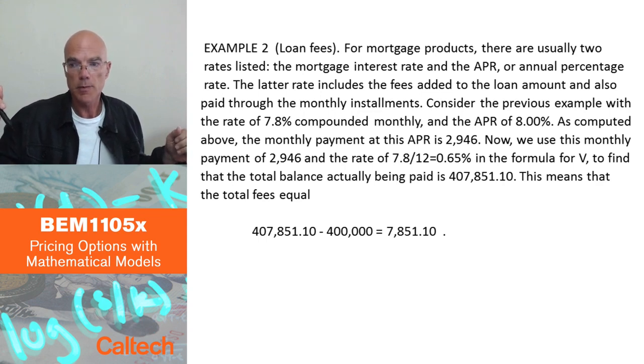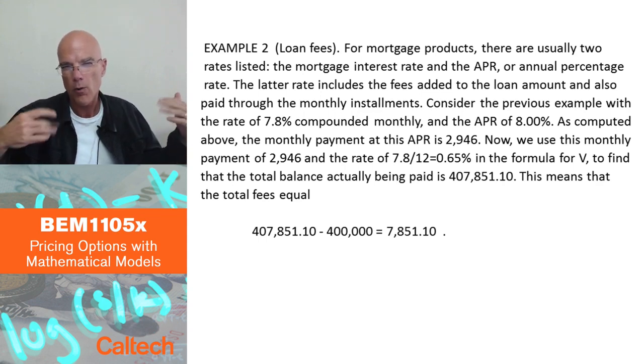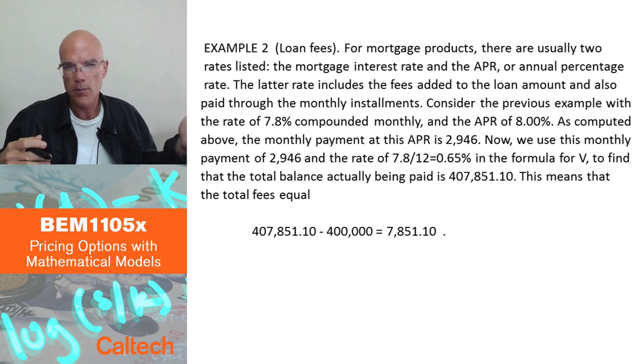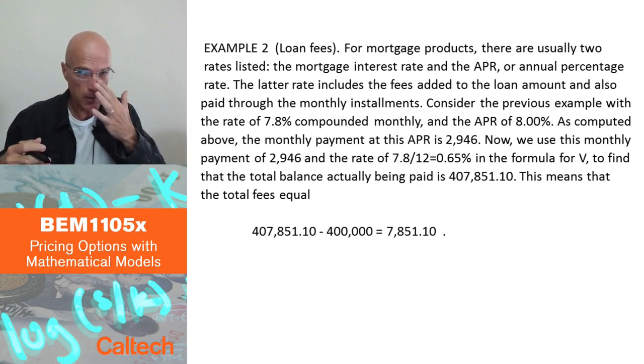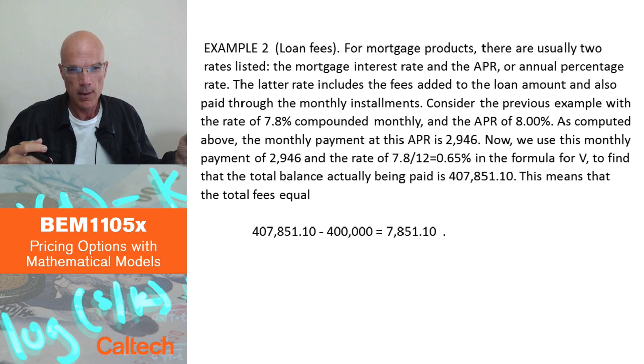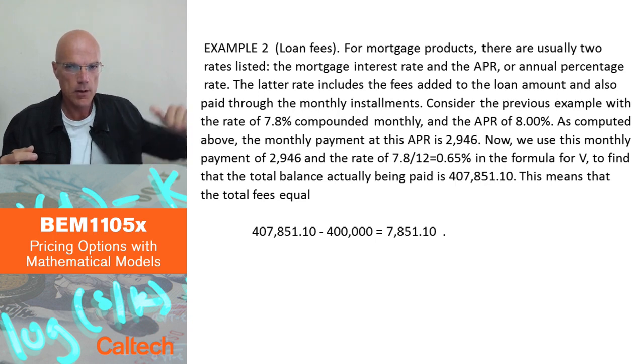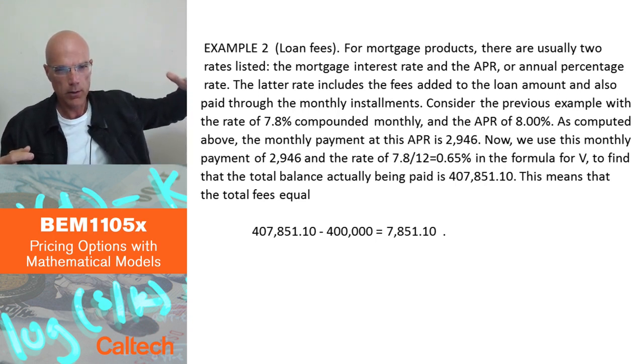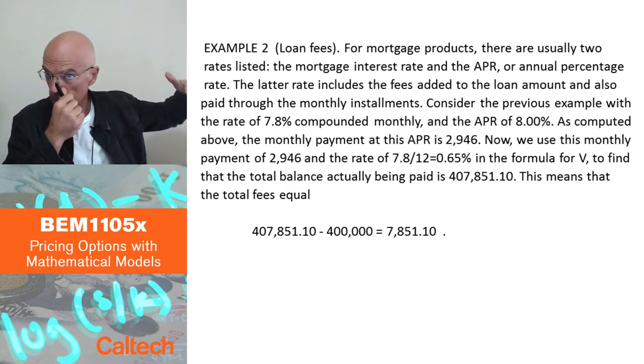So our rate is really 7.8%. However, we are going to charge you fees, so to you it looks like the rate is 8%, because we will add the fees to the 400,000 and then charge 7.8%.